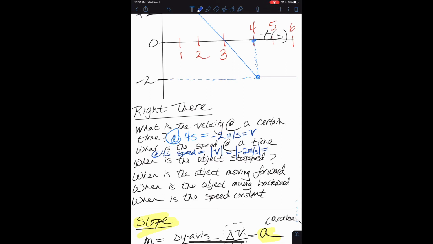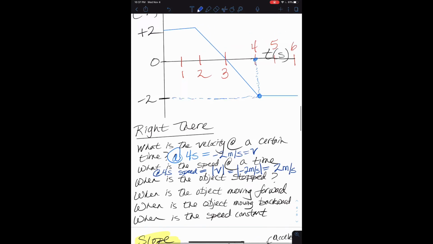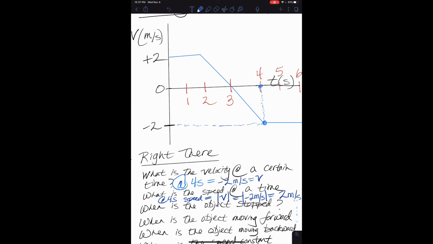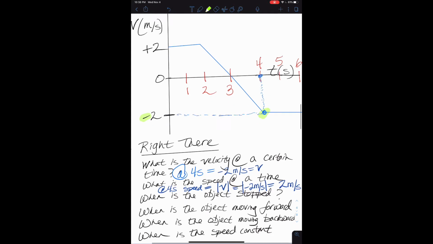So the speed at 4 seconds would be positive 2 meters per second. So the velocity at that point is -2, but the speed is +2 because the speed doesn't care about direction. And this negative sign is giving us a direction. It's telling us backwards or left or down or something like that.